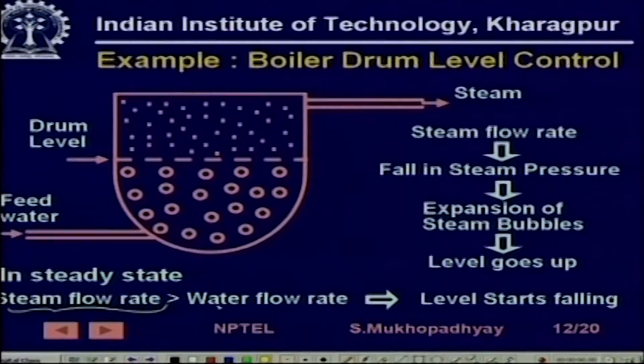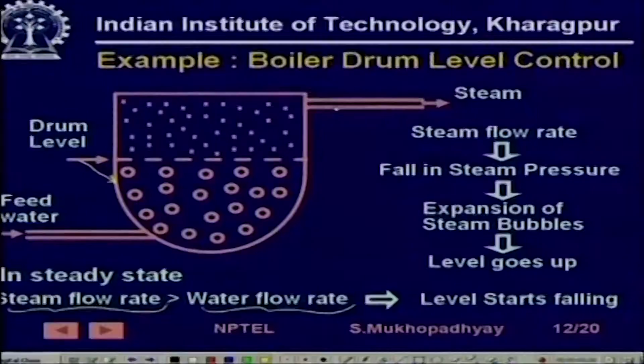So, steam flow rate is actually greater than water flow rate. So, there is a material imbalance. So, eventually this drum level finally should start falling, because less material is entering and more material is leaving the system. This is going to happen in the steady state, but what happens in the short range?